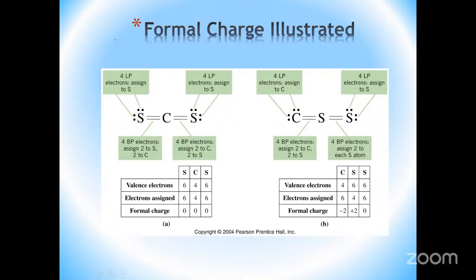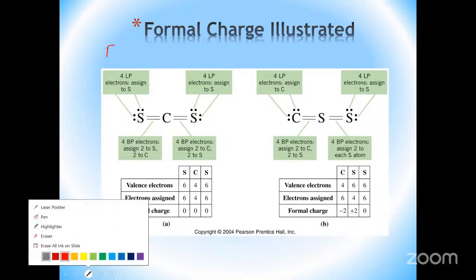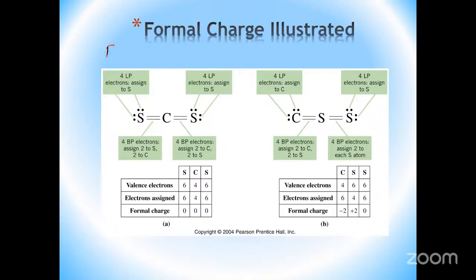You're going to see this expressed in different ways in different textbooks. This is the formula that I prefer to use. The formal charge of an atom is equal to the group number of the atom, minus half the number of bonding electrons, minus the number of non-bonding electrons.